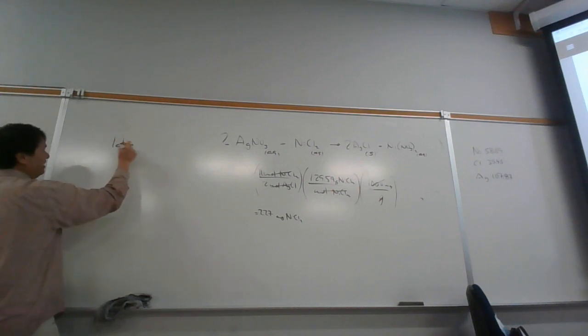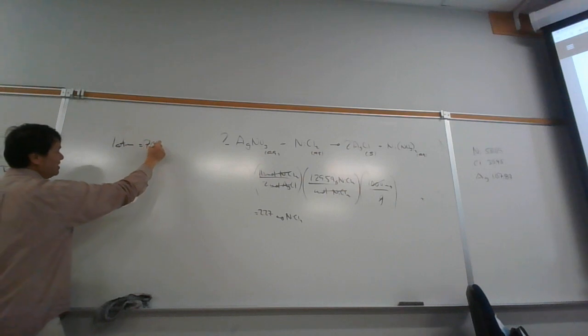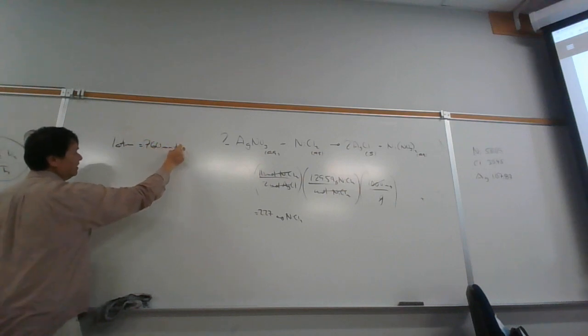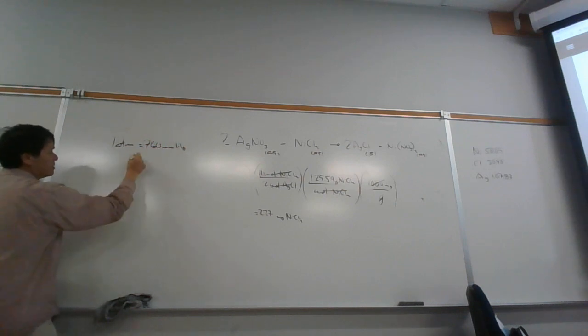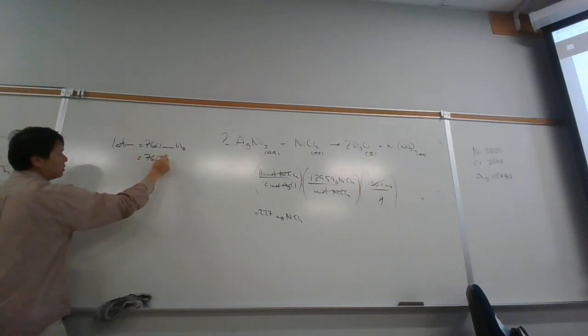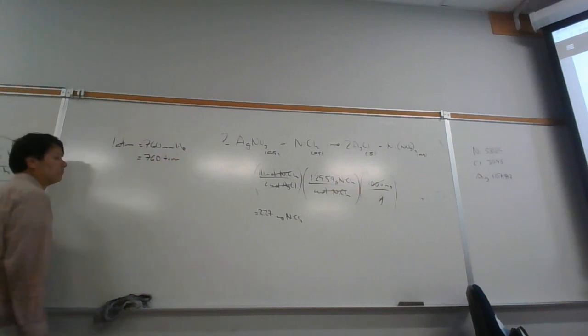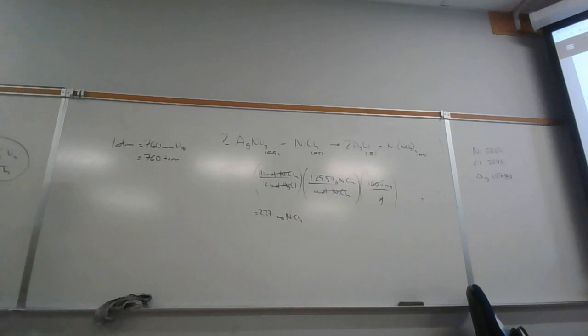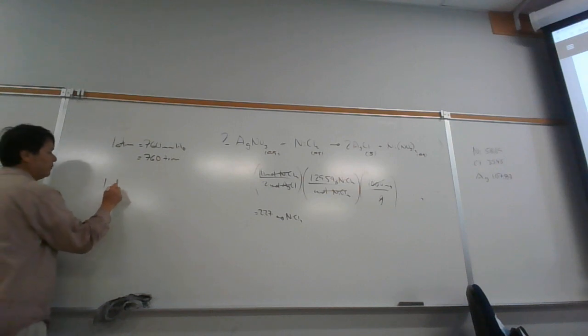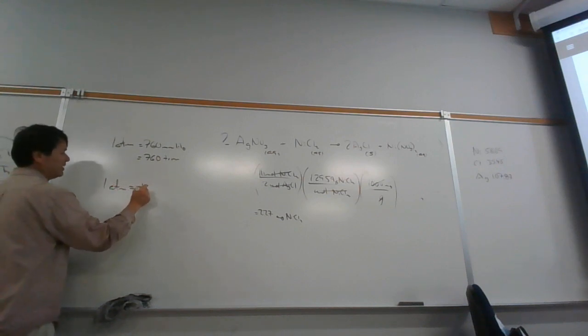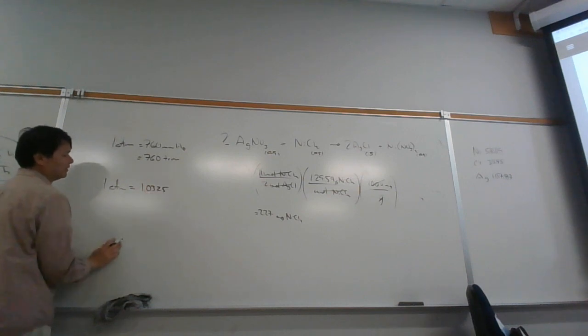One atm is 760 millimeters of mercury. You need to have that one memorized, which is the same thing as 760 torr. One bar is 1.013 atmosphere. Oh, actually, it's 1 atmosphere. No, 1 atmosphere is 1.0325. What was it? I thought it was 1.031. 1.031.